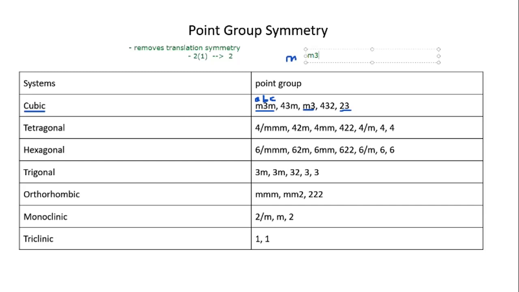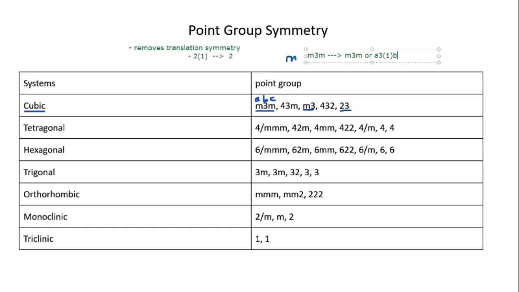So a mirror plane, 3, mirror plane. Now this can be a variety of things. It could be a mirror plane, threefold, mirror plane, or it could be maybe an a glide, a 3-1 screw axis, and a b glide. Because again, point symmetry removes the translational symmetry.